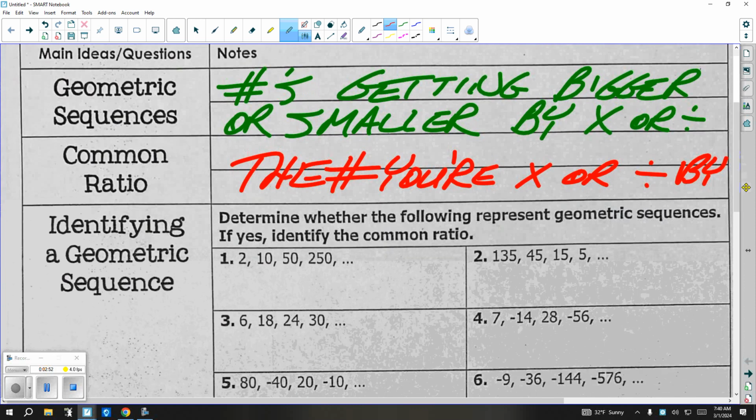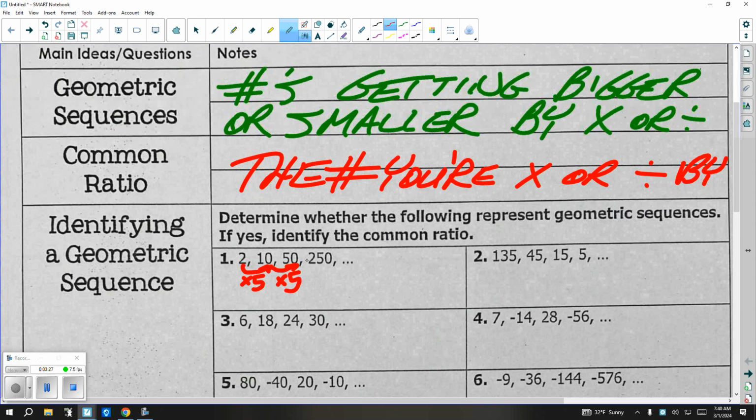Okay, this says determine whether the following represents geometric sequences. If yes, identify the common ratio. Here we go. All right. To get from 2 to 10, you multiply by 5, right? To get from 10 to 50, you multiply by 5.